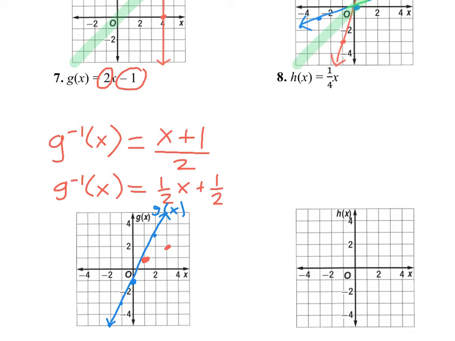So we can go up 1 over 2 from all our points and go down 1, left 2 to go the other way.